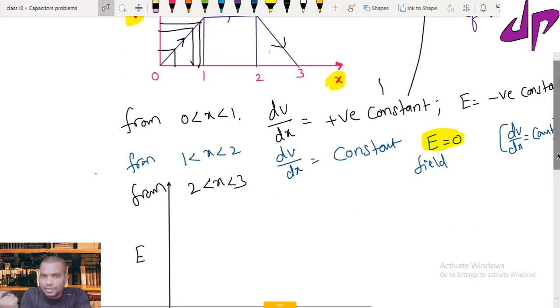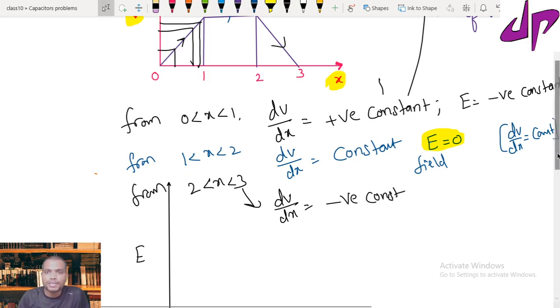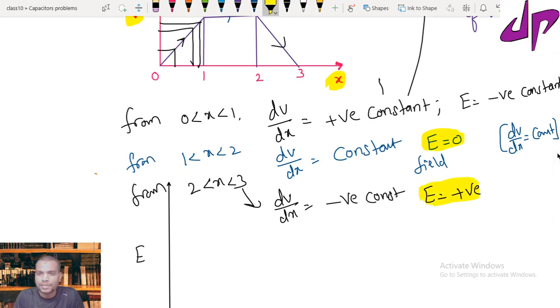When the distance is increasing but the potential is decreasing, dV by dx is a negative constant. If dV by dx is a negative constant, what about the electric field? It is negative of negative, so the electric field becomes positive. So I need to draw the electric field as a positive E value.